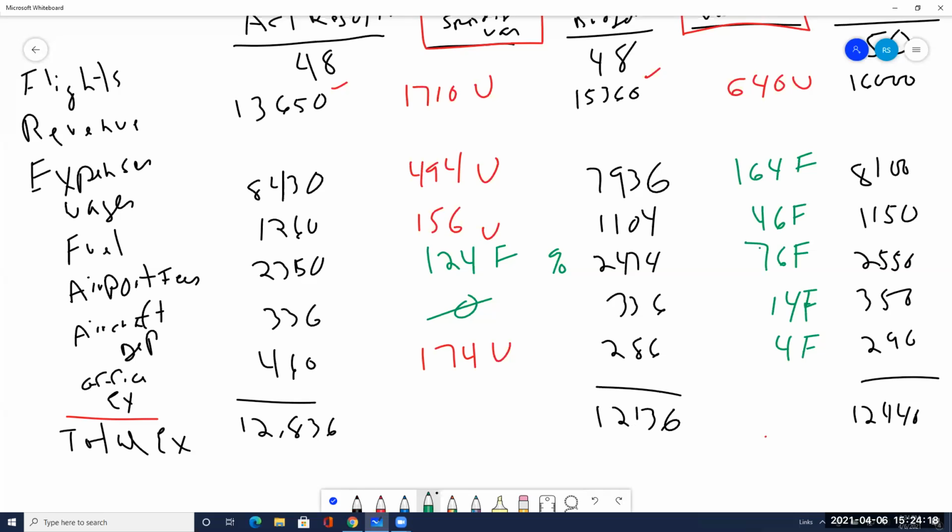So this here is 136, $304 favorable. And total expenses, 700 unfavorable.